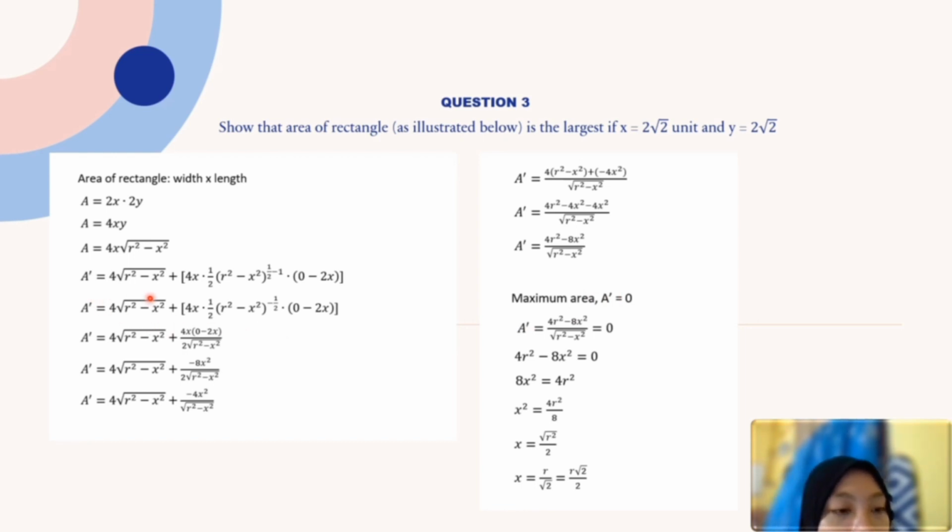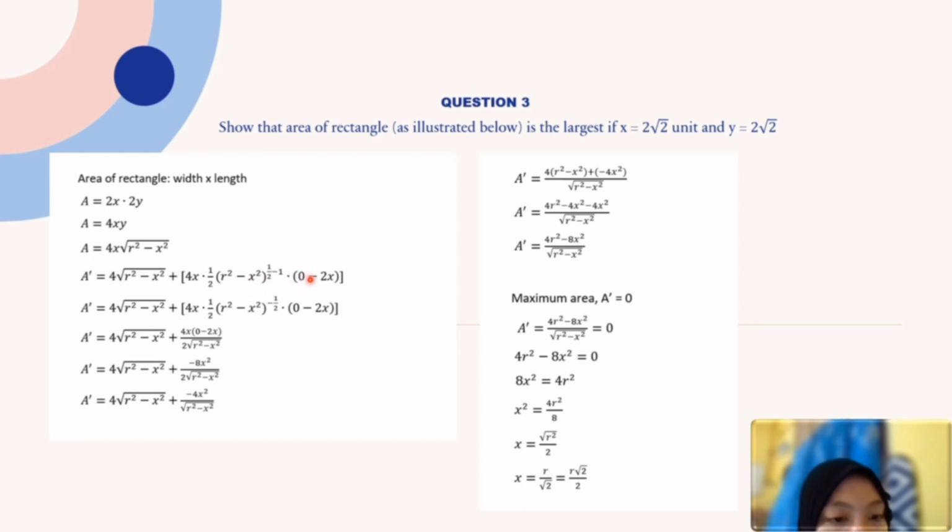So we solve one by one, for x square root of r squared minus x squared, and then plus 4x square root, the power becomes 1/2, and then you bring it in front here, and then 1/2 minus 1, and then times the derivative of the value in the bracket.